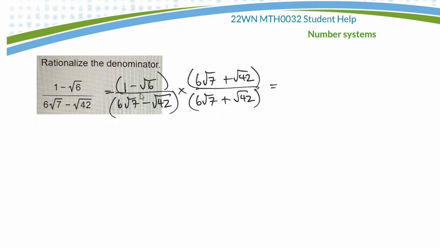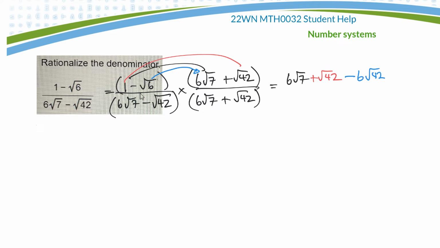So in the top, if I multiply that, I get 1 times 6 root 7 is just 6 root 7. And then 1 times root 42 is just plus root 42. And then root 6 times 6 root 7 will be a minus 6 root 42.